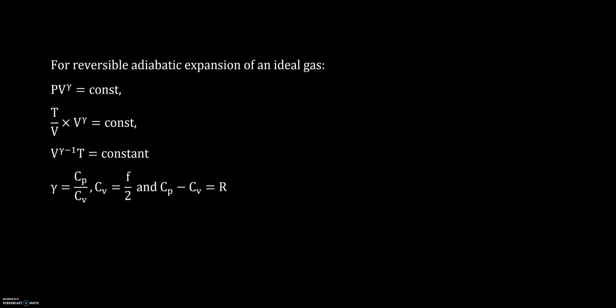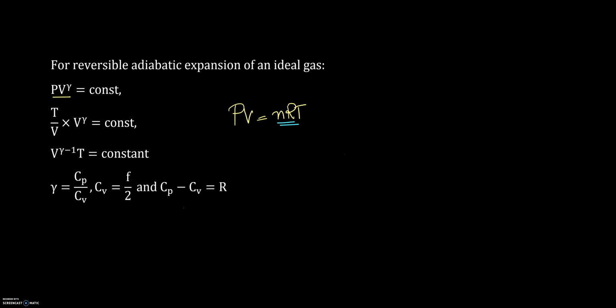All right, so the stuff I said above, just writing it down: reversible adiabatic expansion, you have PV^γ, which is constant. Since this is an ideal gas, irrespective of what the process is, the ideal gas law is valid. Out of these, n and R are constants. The number of moles doesn't change, R doesn't change.